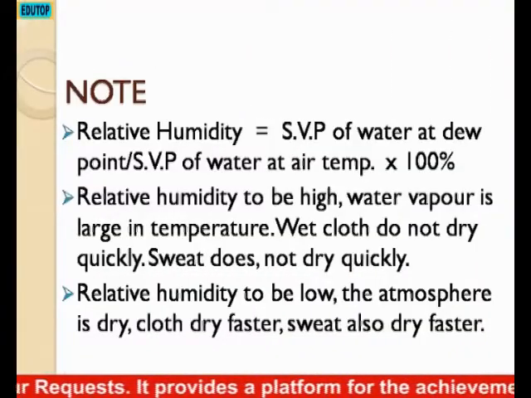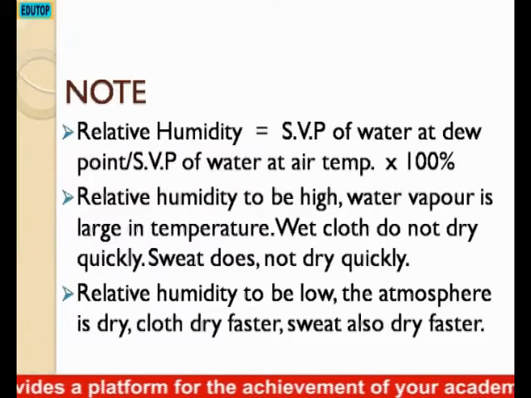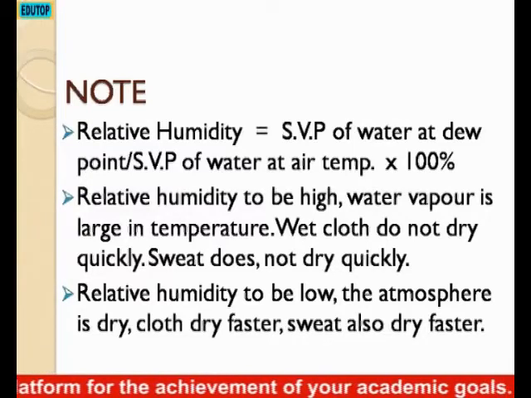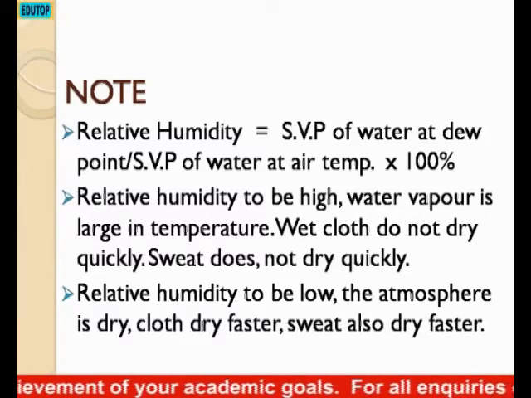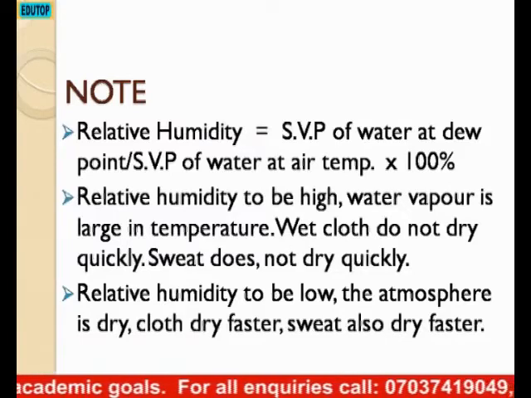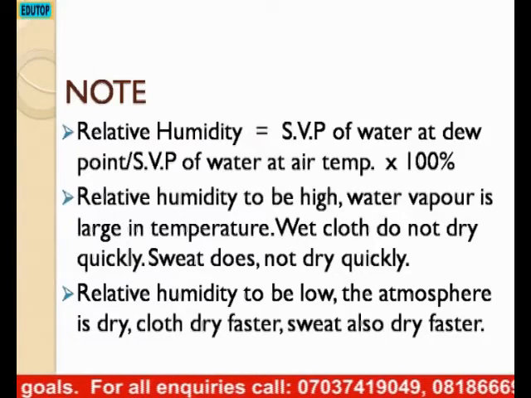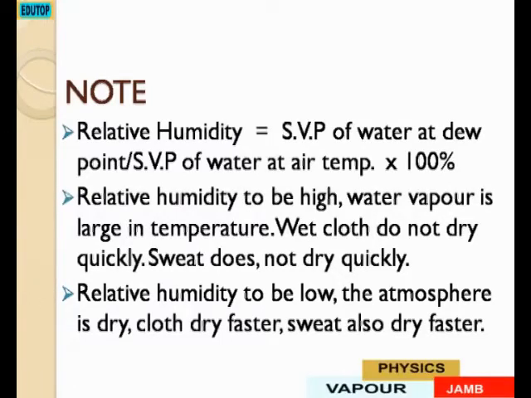Okay? Relative humidity can be high, it can be low. For relative humidity to be high, water vapor in the air is large at that temperature. That's what it means. That is why, when the relative humidity is high, wet clothes do not dry quickly.